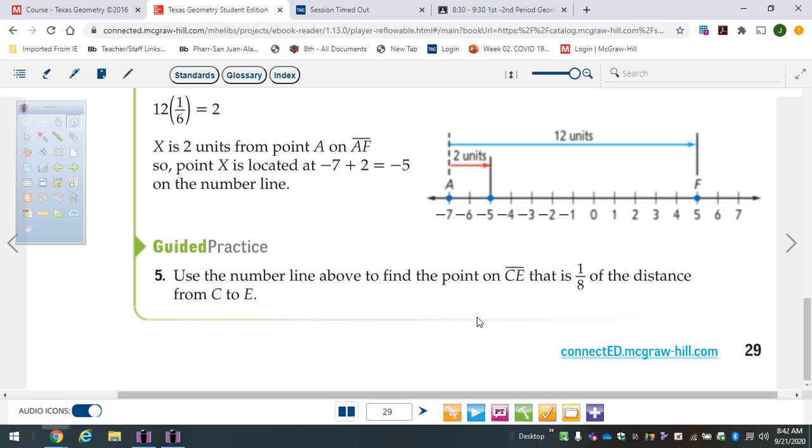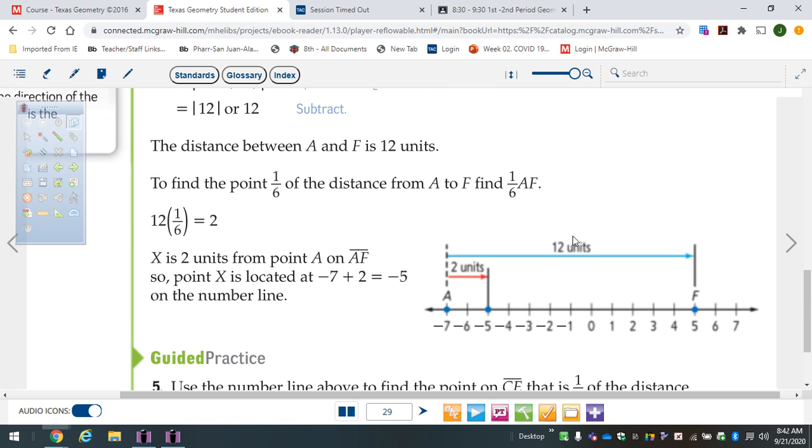Okay, here we go. Ready? So you're going to go from C to E, and you're going to go 1/8 from C to E. So here's the number line.